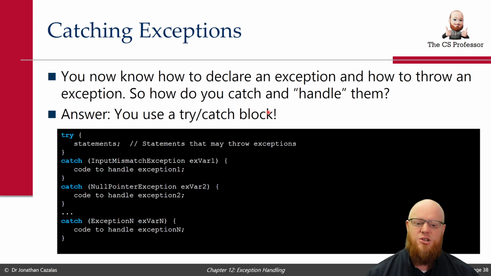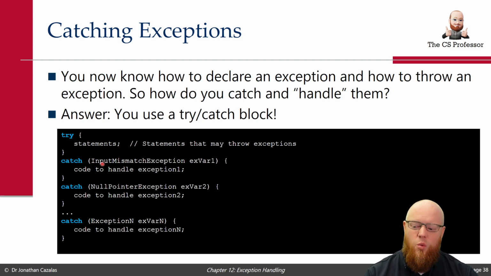How do you catch and handle the exception? You use this try-catch block that we saw last time. The difference here is now notice that we have many catches. So inside the try block, we're trying some statements that may potentially lead to an exception being thrown. But what kind of exception could be thrown? Many. So we have to have those same catch blocks that will catch one of the exceptions.